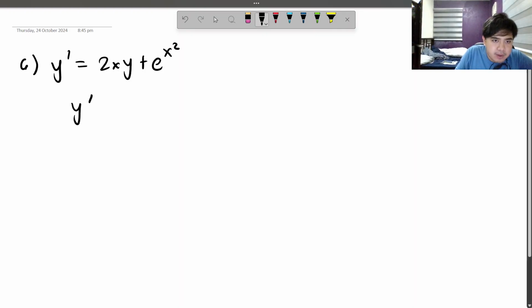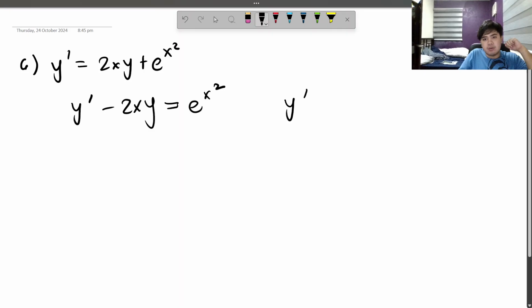So y prime, and then this has a y term in it, so we need to move it to the left hand side. Minus 2xy, and this doesn't, so this is e to the x squared. Remember that the form we are targeting is y prime plus p of x y equals q of x. So does this satisfy this?